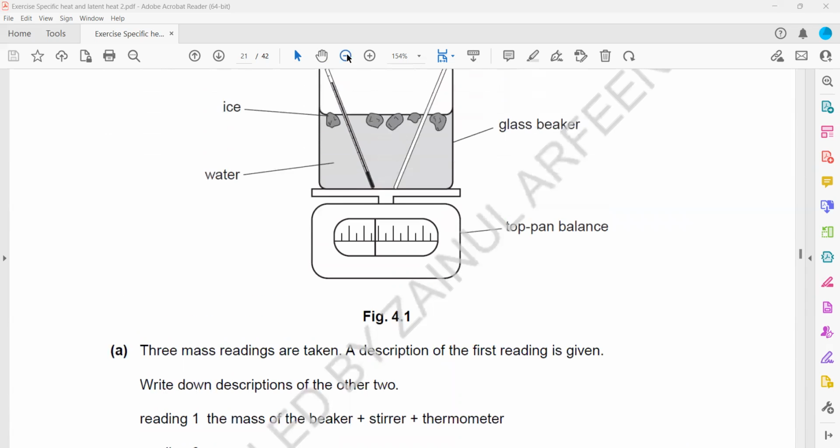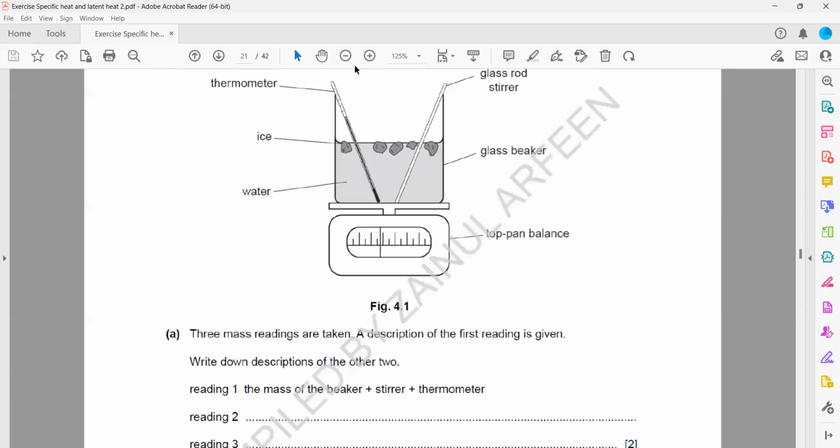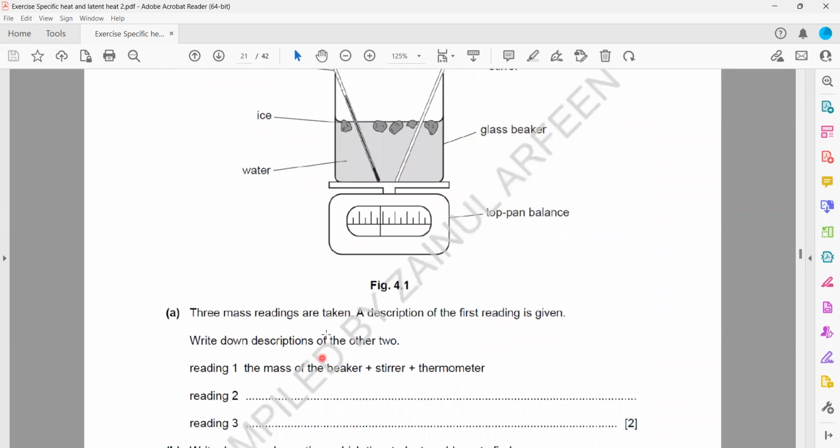First, the student measures the mass of the beaker, stirrer, and thermometer. Then he will add water.